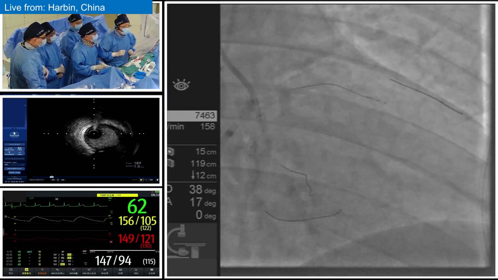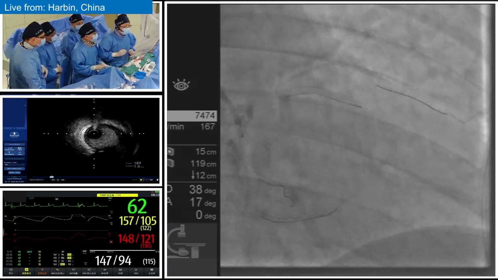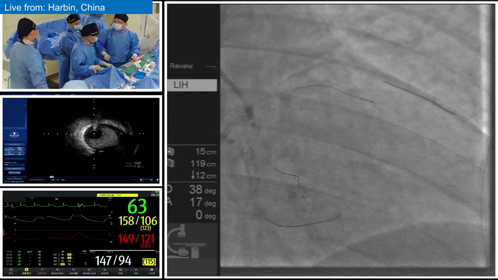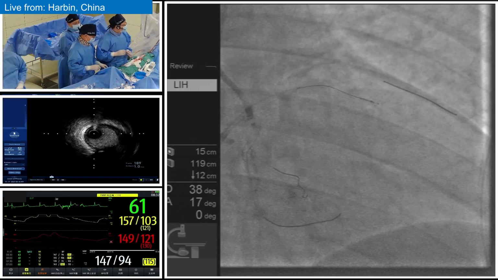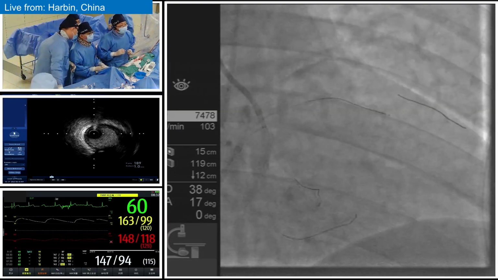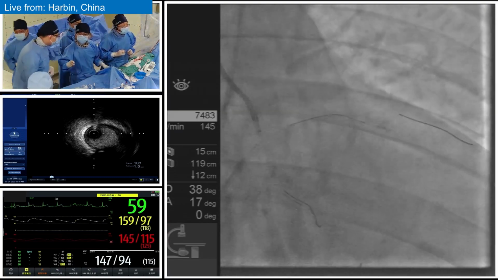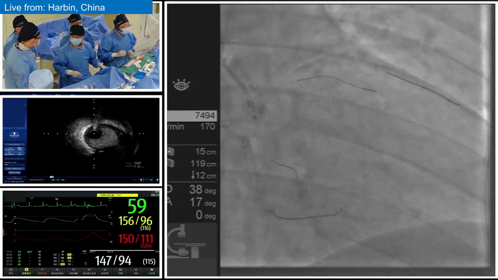There are several reasons why we form the curve like this. First, we try to enhance the penetrating capability of the guide wire. A small curve and a really short tip is a guarantee of good penetrating capability.